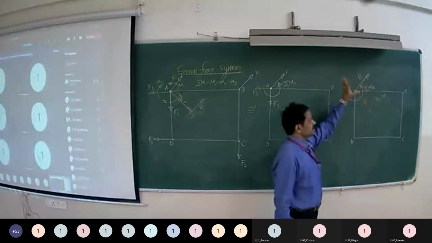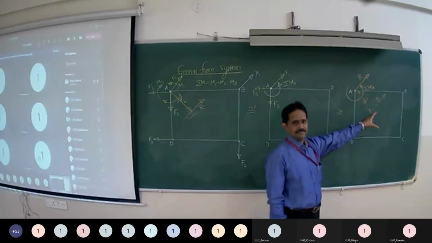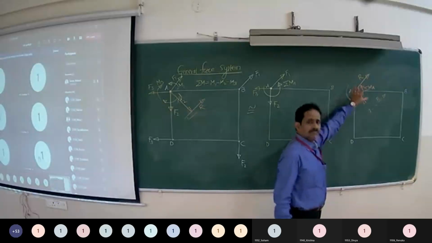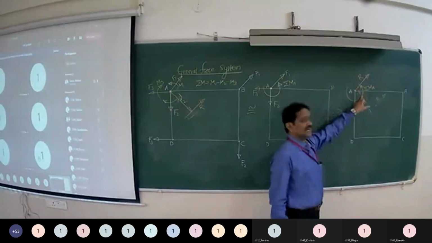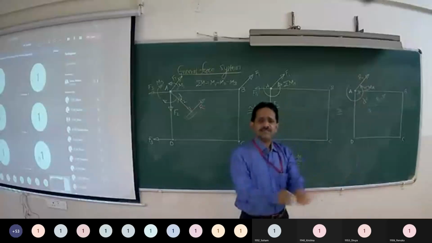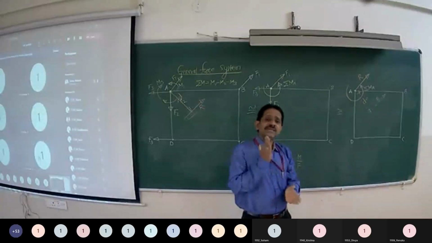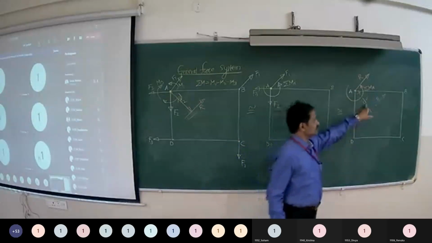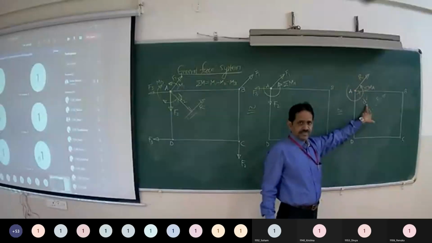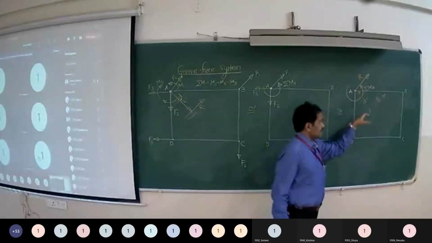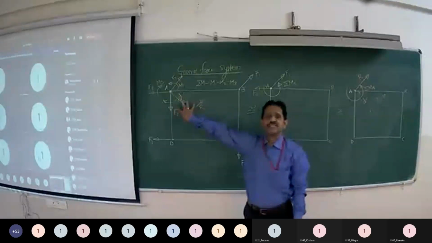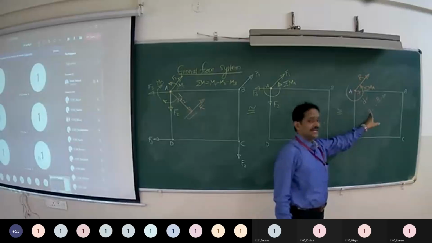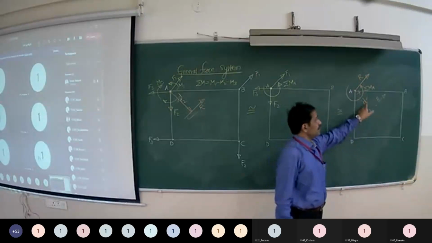Further, I am converting the simple system to the simplest system having only one force by combining this force and moment. When a force and moment are combined, the resultant will be a force which will be transferred parallelly by distance d. So ultimately, this R is the resultant of the given system, which is acting at a distance d from A. Then how do you find out this d?